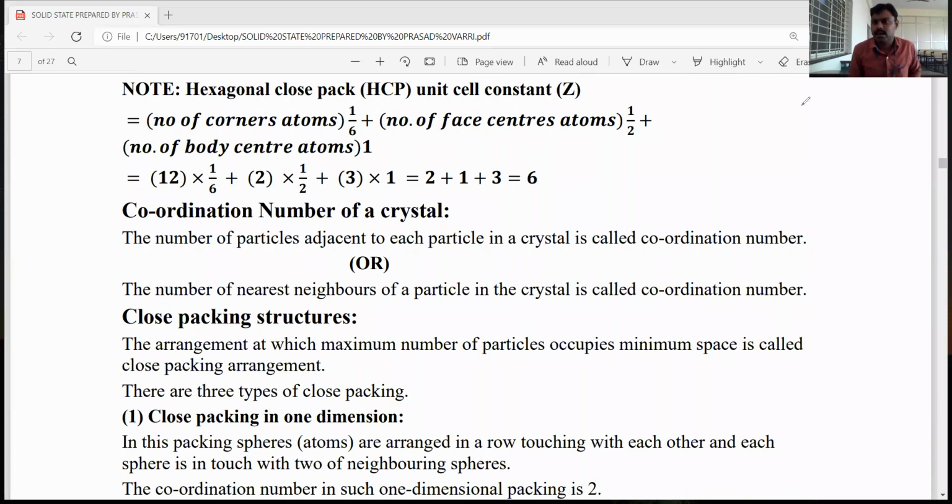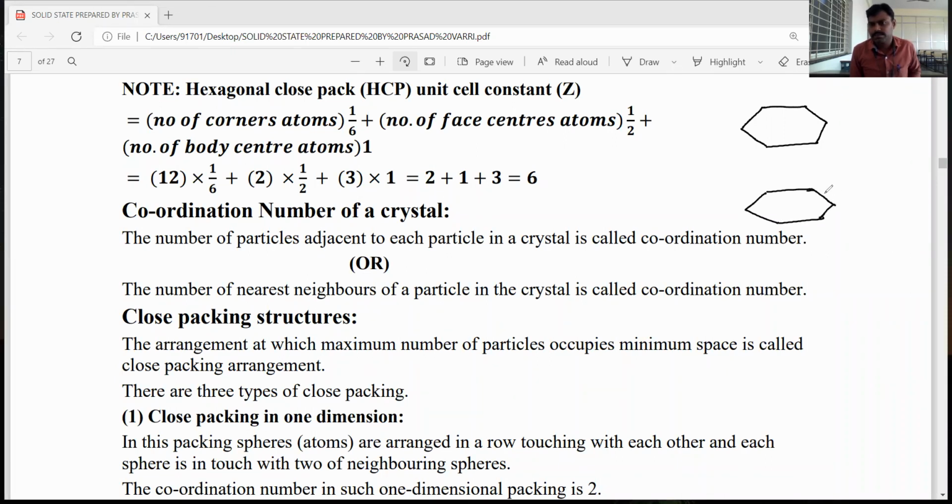HCP unit cell is a hexagon. In that hexagon structure, a 6-membered ring will be present like this. Okay, this is the hexagon.